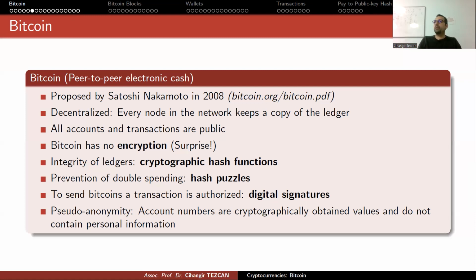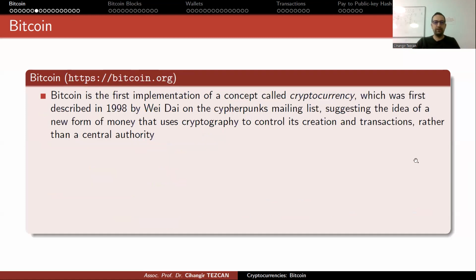At some point, since somebody sent you that amount of cryptocurrency, you come and say, okay, I had this amount of cryptocurrency, and you prove it with zero-knowledge protocols. That amount of cryptocurrency is then transferred to you from the pool. This is how you hide the transaction, and this provides full anonymity. Okay, we will talk more about them in the future.